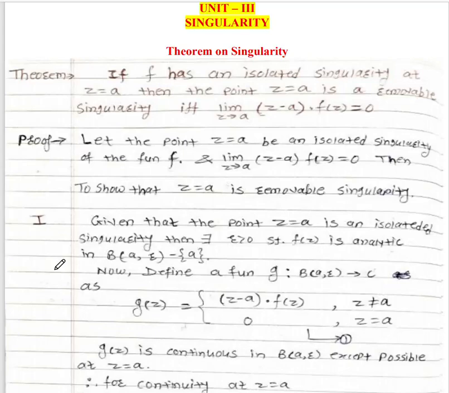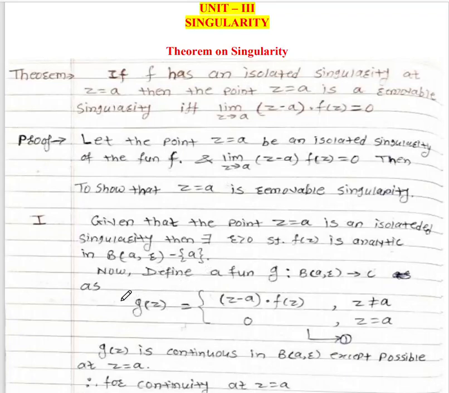First, given that the point z equal to a is an isolated singularity, by using the definition of isolated singularity, there exists r greater than 0 such that f of z is analytic in the open circle A, r minus the singleton {a}.